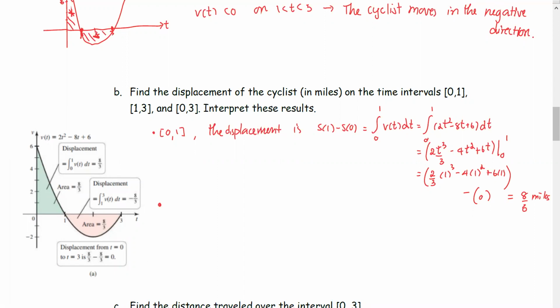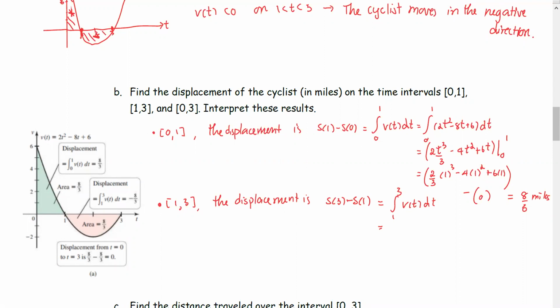Next part, over the interval 1, 3. The displacement is s at 3 minus s at 1, or the integral from 1 to 3 of v(t), and we do the same as for the interval 0, 1.